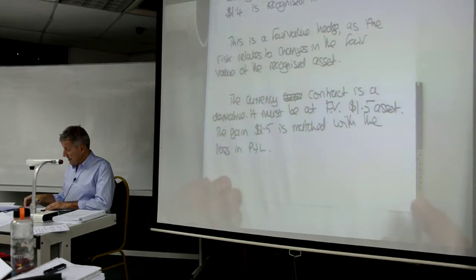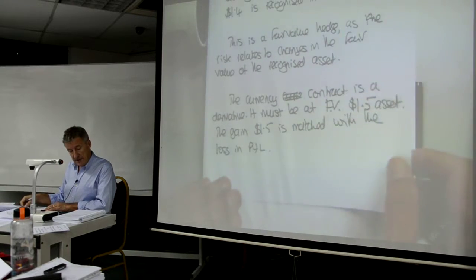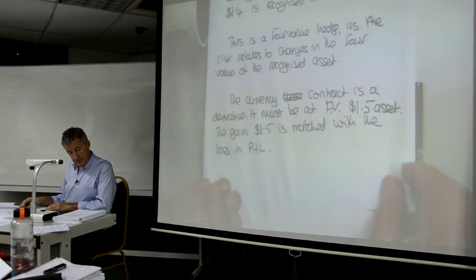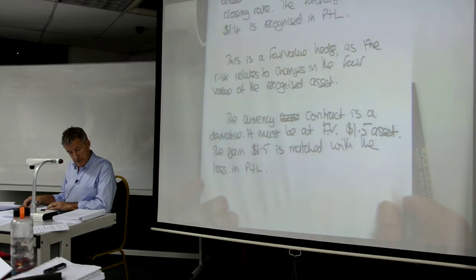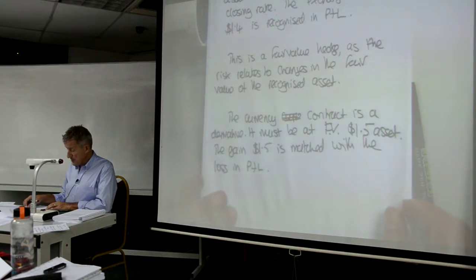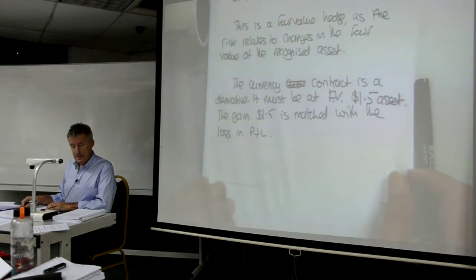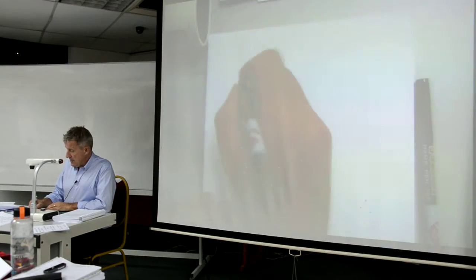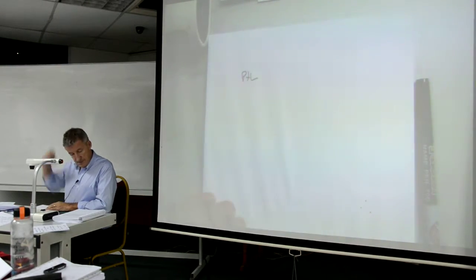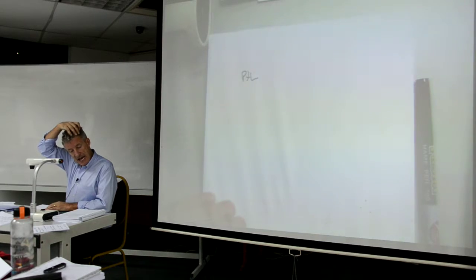So if you want a little extract, a little story in numbers, if you want to have a look at what would happen, then in your profit and loss account, let's see what numbers you would have.